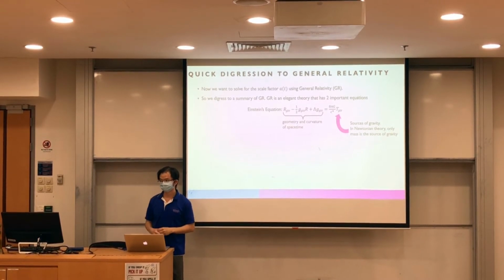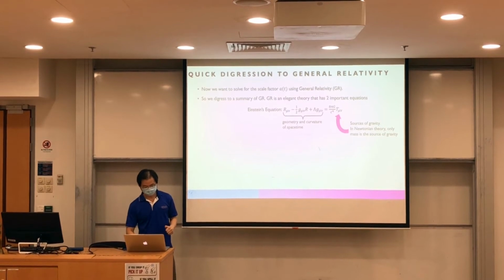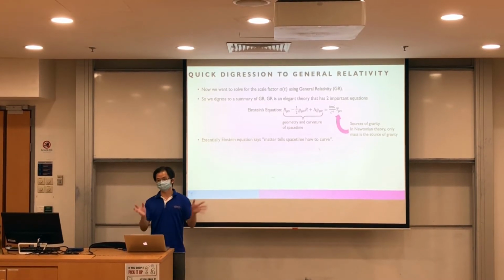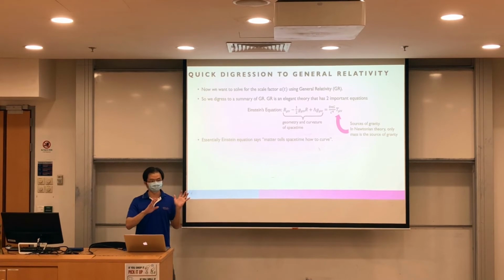In short, this equation tells us that you specify your sources of gravity and you solve for the geometry using this equation. So matter tells space-time how to curve. You throw down your planet, then the curvature will be solved from this equation.